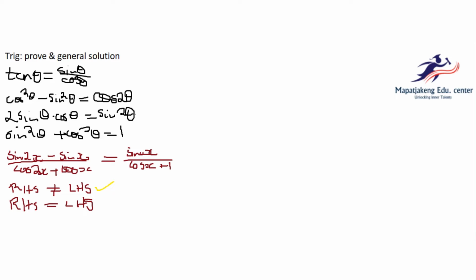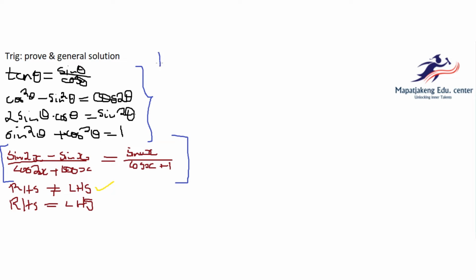Another tip here is to always take the side that looks complicated and make it the simpler side. Because you see sine x, there's no relationship here, it's only sine x, but on the other side there's a relationship where you have sine squared, so it's easier to take that side.